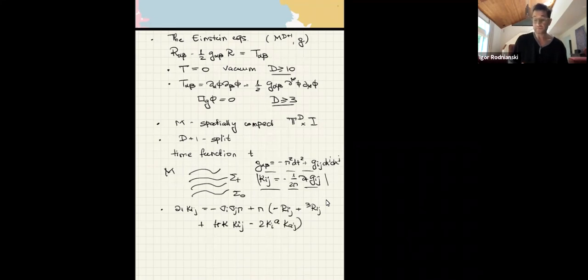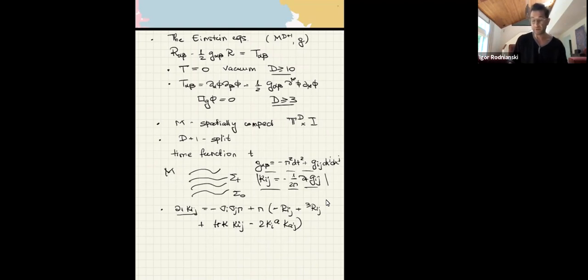Right. So you can think of this equation as telling you how the second fundamental form evolves. And on the right-hand side, you see the 4-dimensional Ricci curvature, which is supposed to be determined from the Einstein equation. So this is determined from the energy momentum tensor of matter. In the vacuum case, this term is simply equal to 0. And then this is the 3-dimensional geometry of the slices Sigma t.